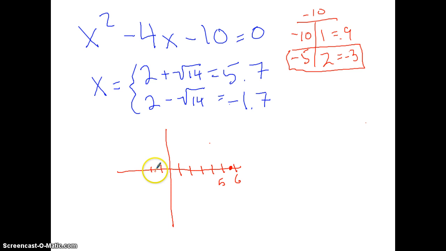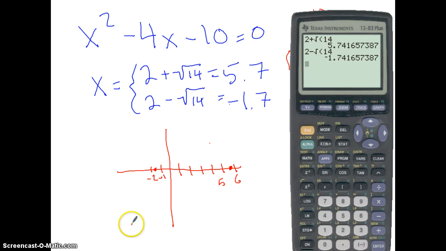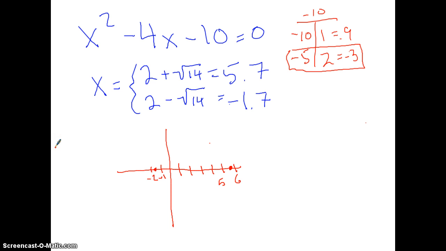And the second x-intercept was here between negative 1 and negative 2. Just again to prove to you that I'm not fibbing, the two spots where the graph intersects the x-axis are here at negative 1.7 and here at positive 5.7. Okay, so those are the two x-intercepts of the graph.